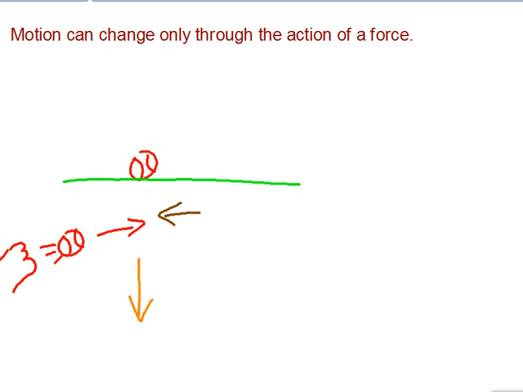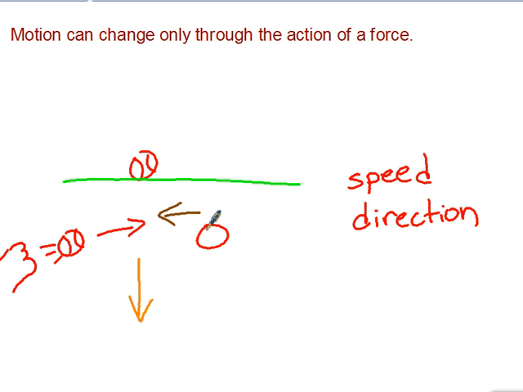Therefore, motion, which we have said would be speed and direction, the motion of the ball will change. That ball will begin to slow down and it will begin to go back towards Earth's surface. Now what we need to remember about that example is that there are forces that are acting on that baseball to change its motion. There was a force of air resistance, there was a force of gravity.